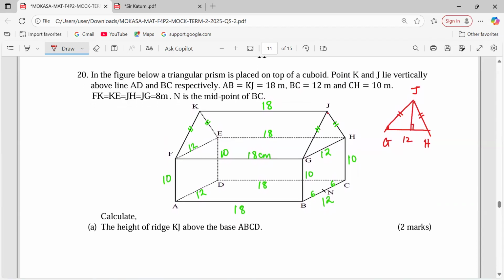Let me check where the 8 centimeters were. 8, 8, 8, 8. That way. We had not indicated the 8. So this is 8 centimeters. And after dividing, this becomes 6. Is it okay? Yeah. 6, 6.